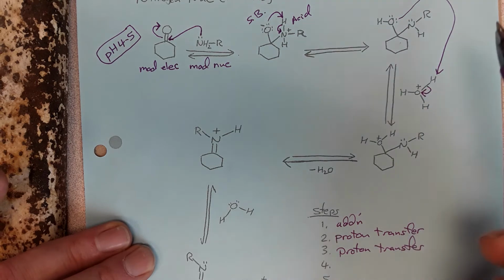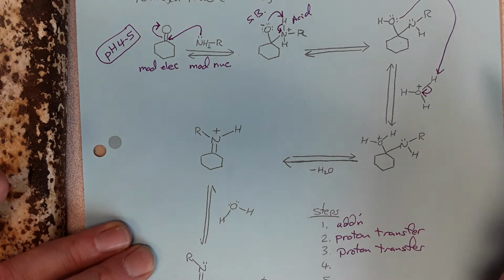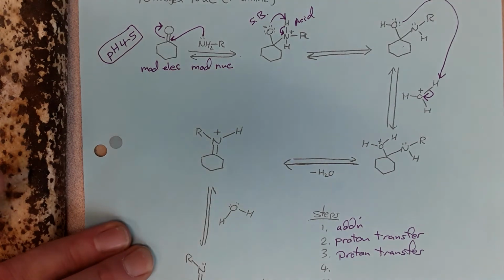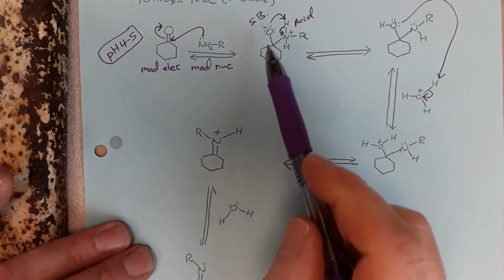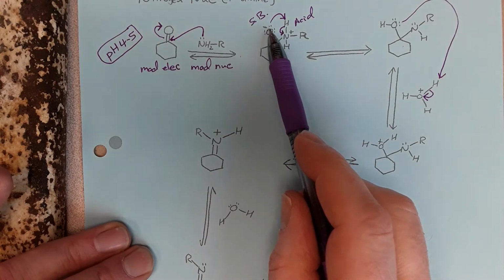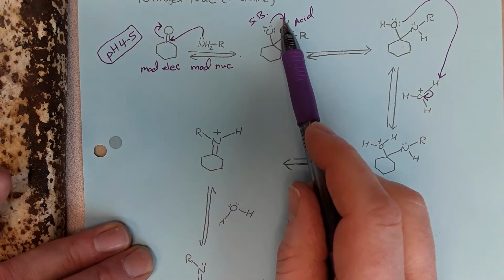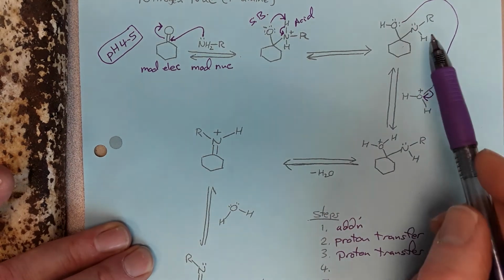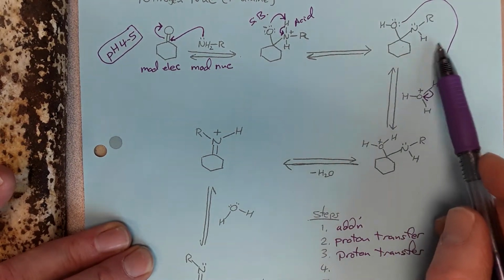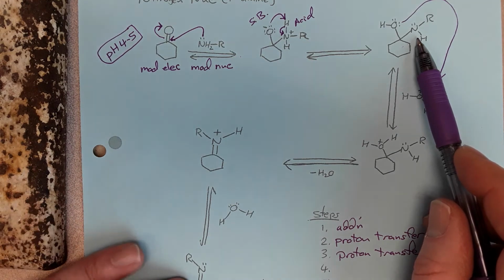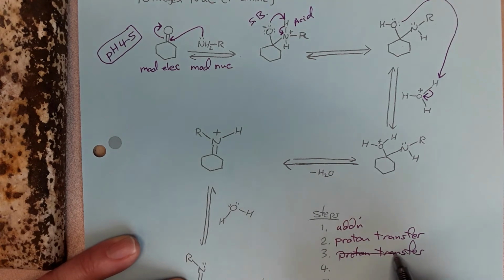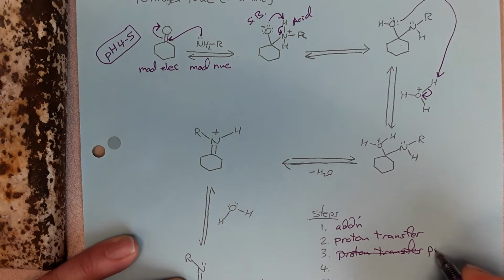Let's be careful here about how we're using our terminology. If we're doing an acid-base reaction that is an internal acid-base reaction, then we will call it a proton transfer, because it's transferring it from one part of the molecule to another. If we're just adding a proton onto the reactive intermediate, then we're going to call that a protonation. So sorry about that, let's change this to protonation.